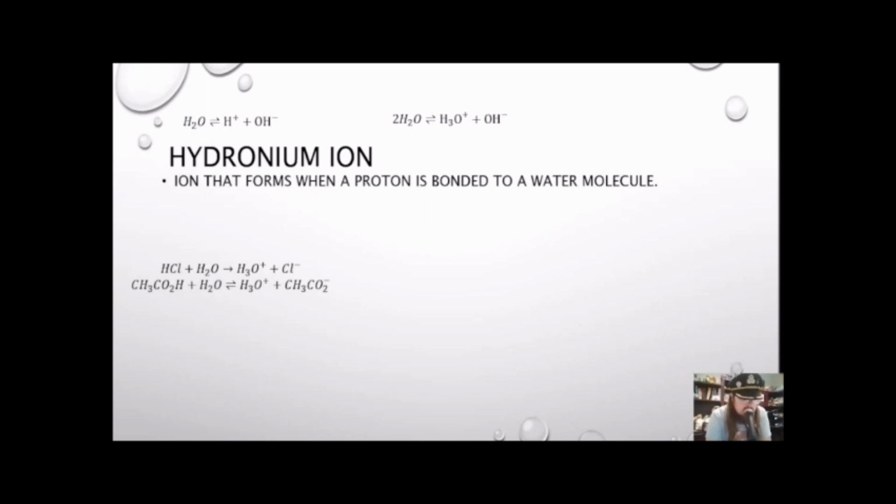And the amount of hydronium and hydroxide in water at any given time is rather small. When a reaction is said to be at equilibrium, the forward and reverse are occurring at equal rates. And the concentrations of each product are fixed and measurable at a given temperature because of this equilibrium scenario.